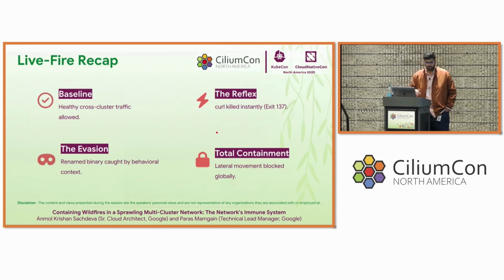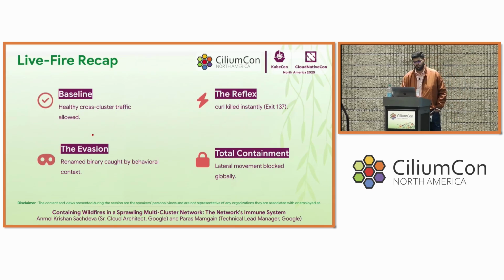So recapping the demo, just being conscious of time, we had the baseline health check done, wherein we did not apply any policies, neither the quarantine controller nor the tracing policy, and things worked fine. We were, in this case, able to perform data exfiltration attacks, etc. Then we had the reflex system, which is the tracing policy enacted, and this is where we had exit code 137 for any kind of curl usage that was happening in the pod, regardless of whether it was from exec or from within the application.